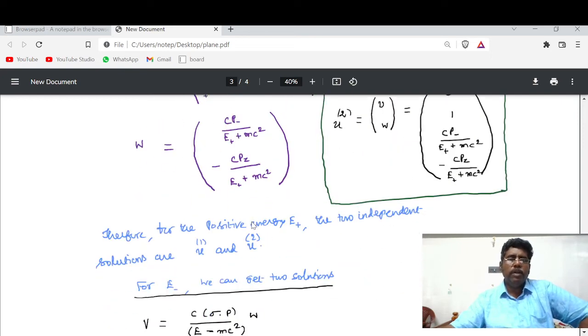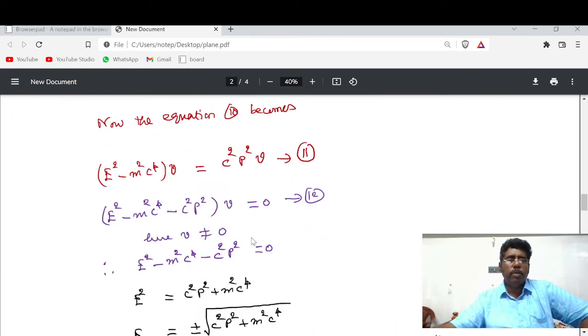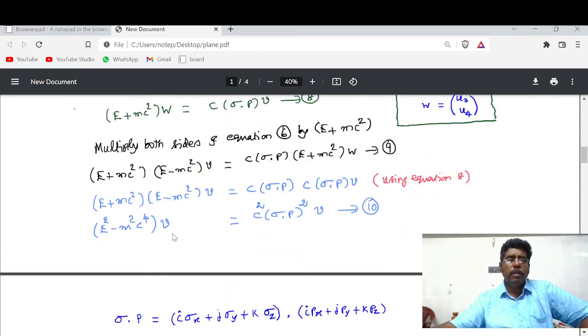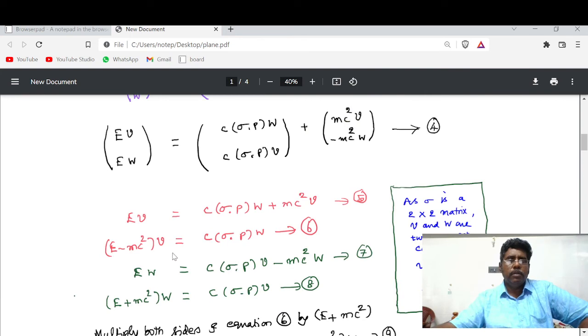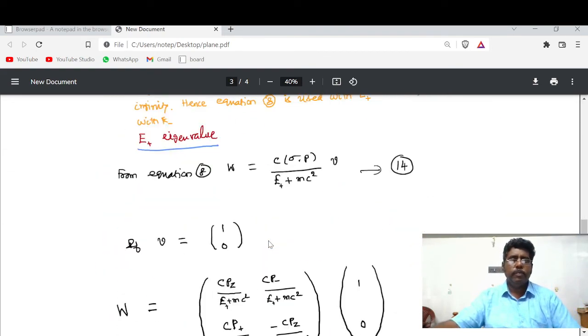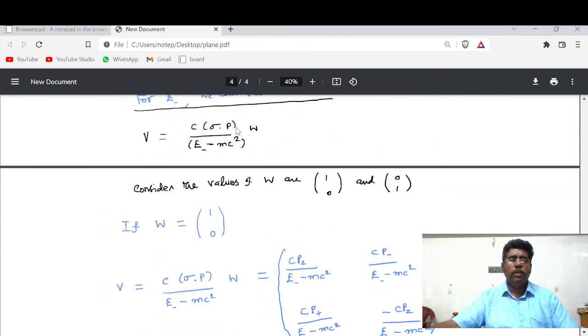In the same way, we can get two other eigenfunctions for the negative energy state. For E minus, we can get two solutions. For that, take the value of V. The value of V is arrived from equation 6: V equal to C into sigma dot P divided by E minus mc square into W. Using that equation, this is the value of V, C into sigma dot P divided by E minus mc square into W. Consider the values of W as (1, 0) and (0, 1).